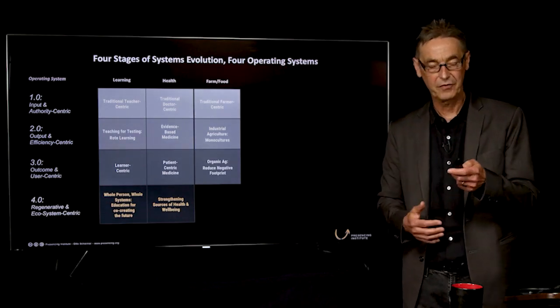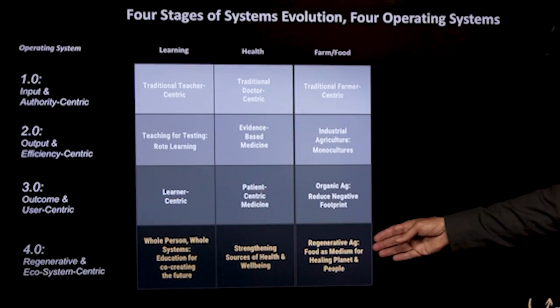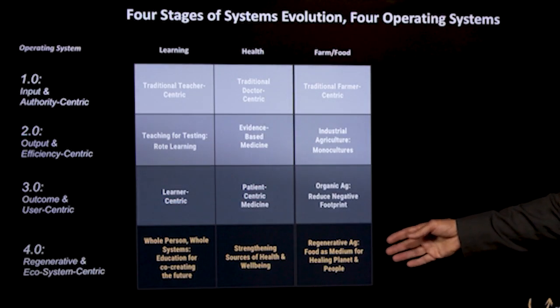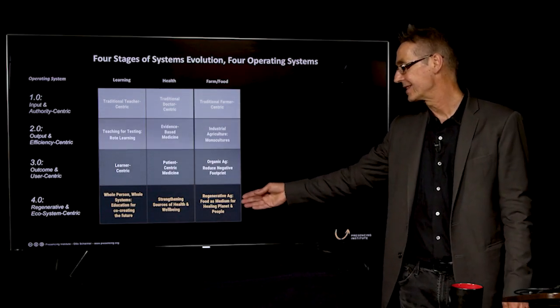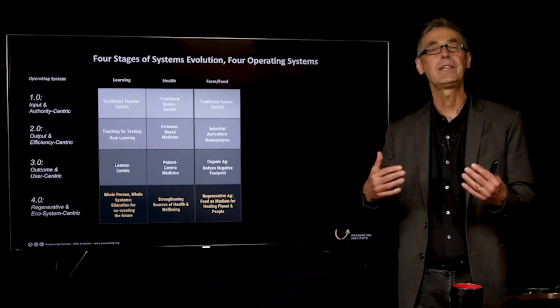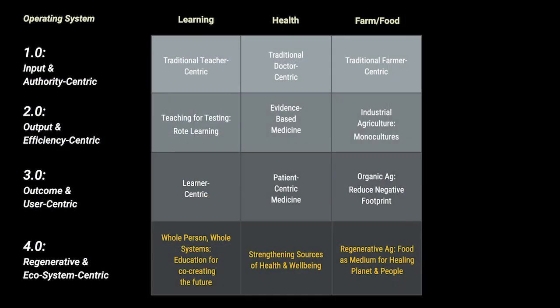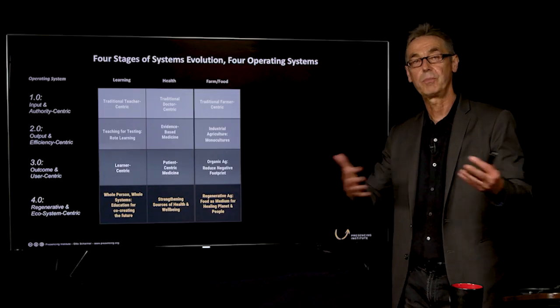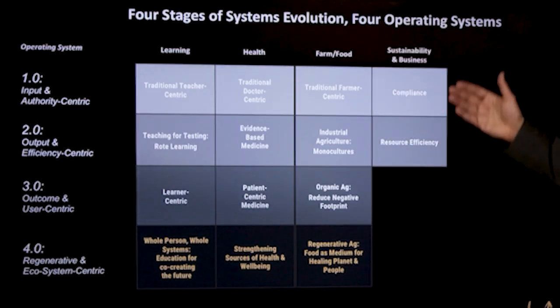But is it good enough? Many of us don't think so. Many of us believe that regenerative agriculture, which sees food as a medium for healing planet and people, is a much more profound approach, co-evolving with Mother Nature in a way that is symbiotic, and not at war with these systems.